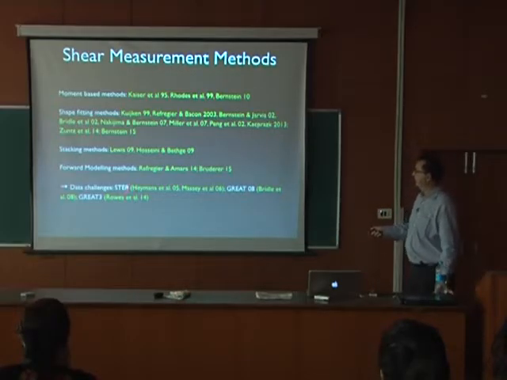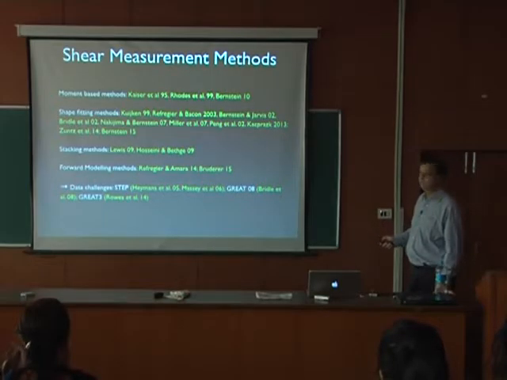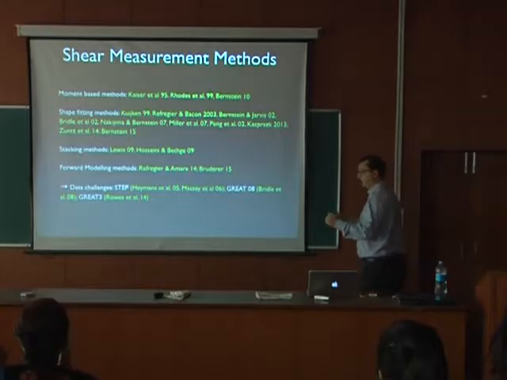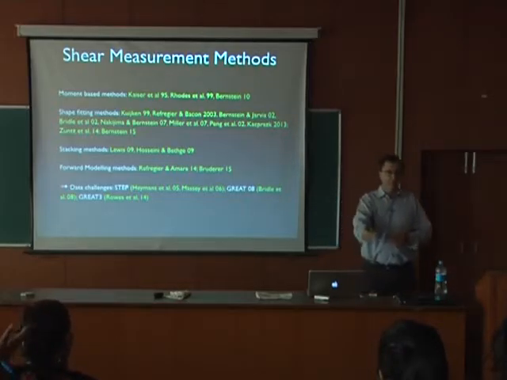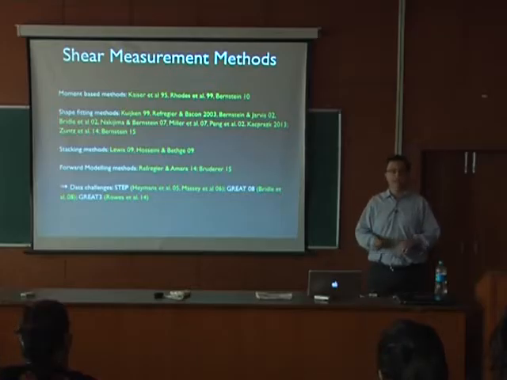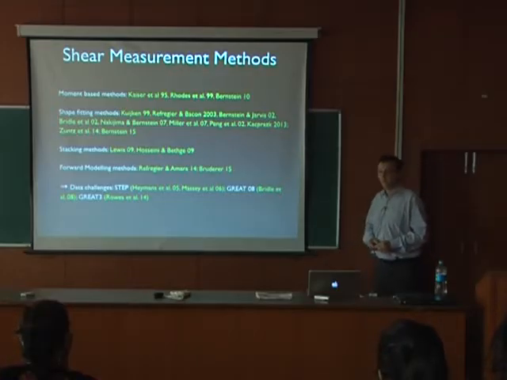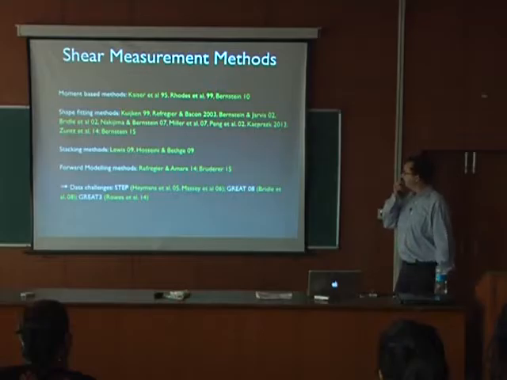And this allowed a lot of improvements in these methods over the years. Okay, and now the methods are starting to be quite accurate. Typically, the methods are accurate enough for the current generation of measurements, but when the next generation of measurements come with higher precision, then one needs to improve the methods even further.